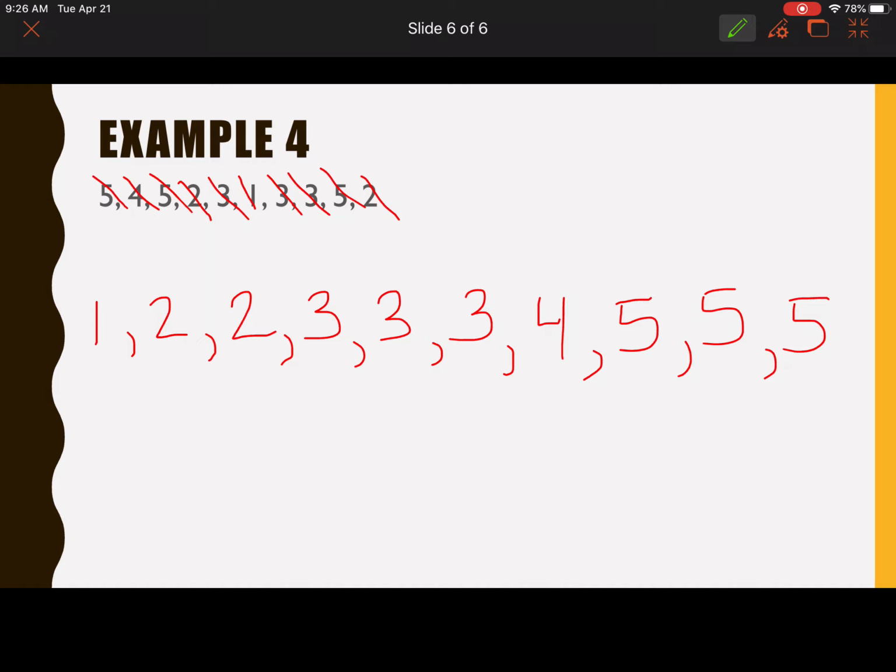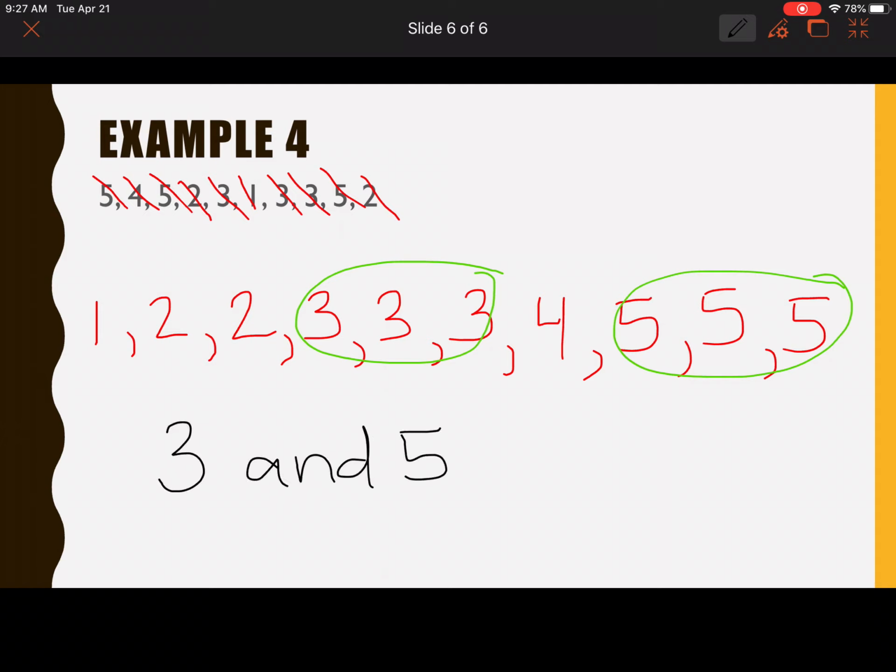So a number that appears the most would be 3 times this time. So 3 is a mode and 5 is a mode. They both appear 3 times. So in this example, 3 and 5 are modes.